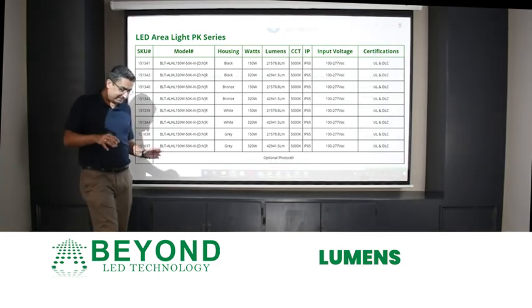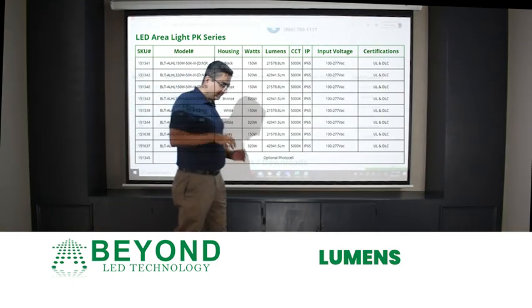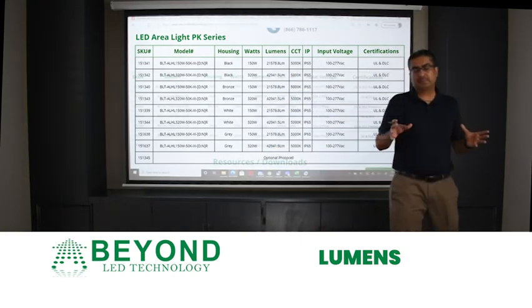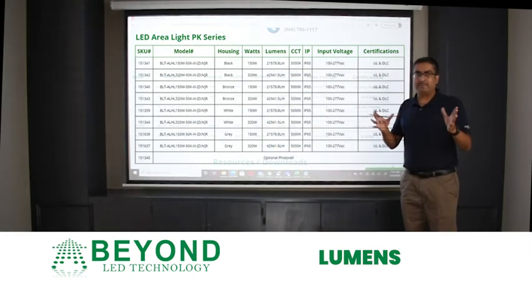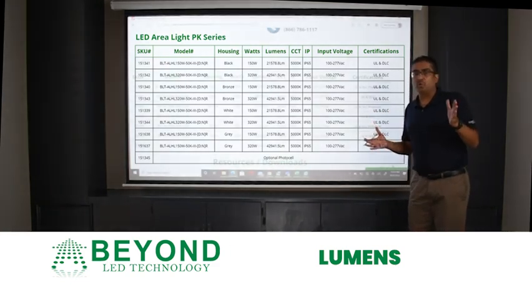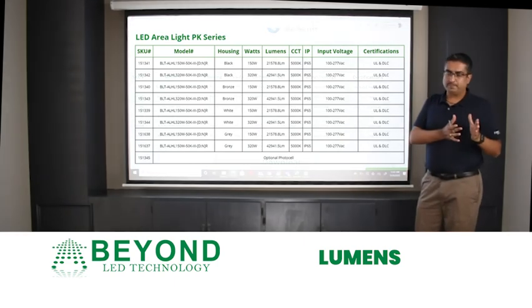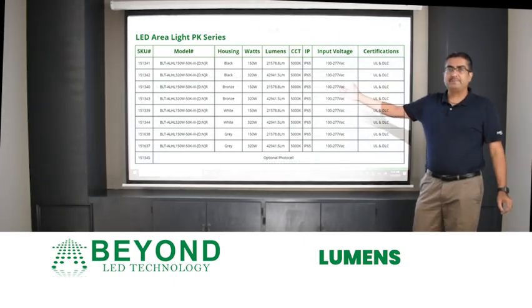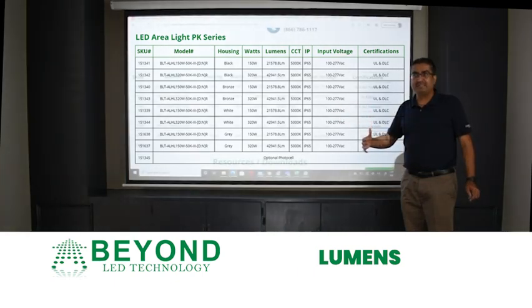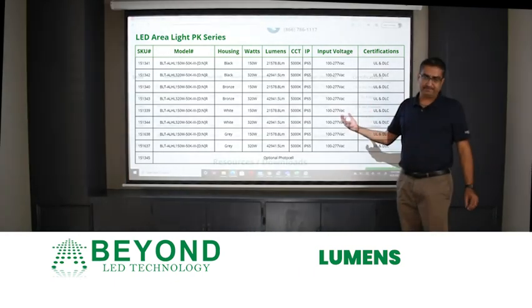The average light in 2020 is approximately 135 to 140 lumens per watt. Now if I go back 5 years ago, it used to be 70 to 80 lumens per watt average light efficiency, right?